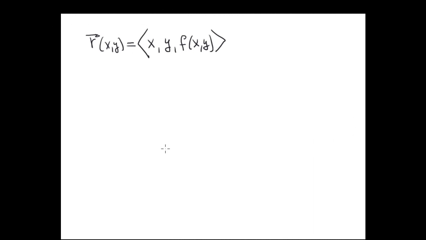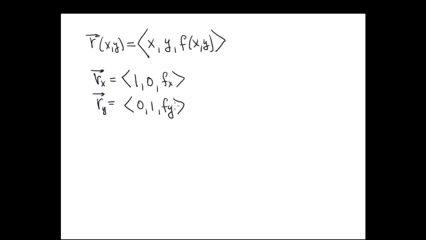Suppose now you have the graphing parameterization, and this is the vector valued function that represents the surface. You differentiate with respect to x: this is 1, this is 0, and this is the partial derivative with respect to x. Likewise, you differentiate with respect to y: 0, 1, and f_y.